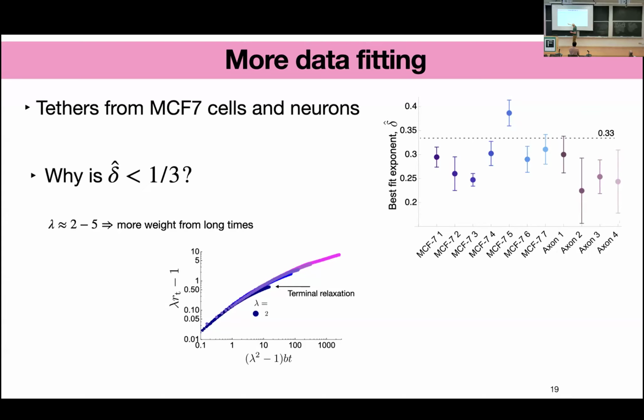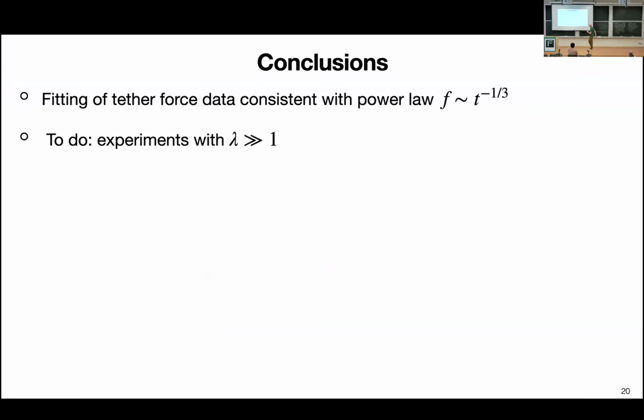You can see that for lambda equals 2, the data don't follow this nice master curve, but start to deviate downward because they relax to the final value of 1. Even if we cut out the long-time data points, we're still influenced by the terminal relaxation, which means a lower value of the exponent than the predicted 1/3.